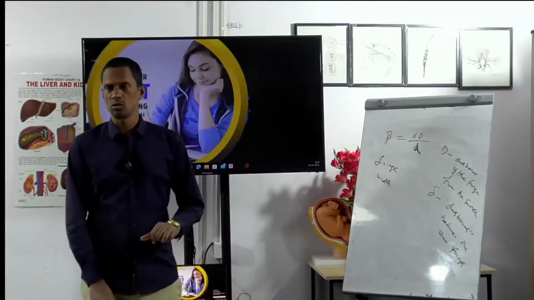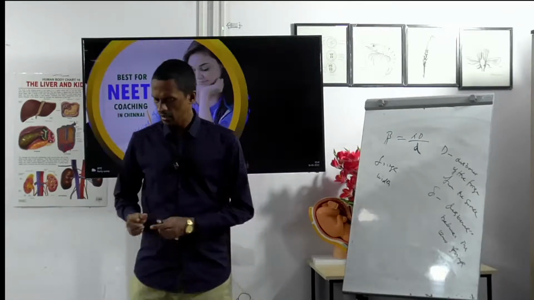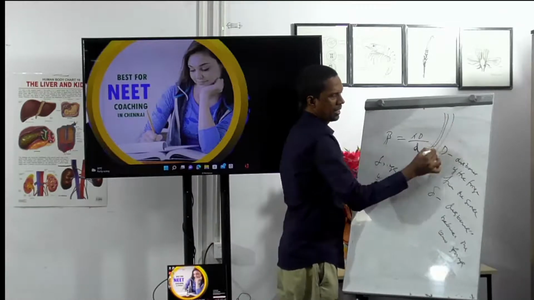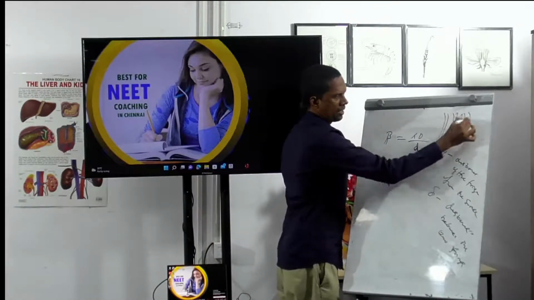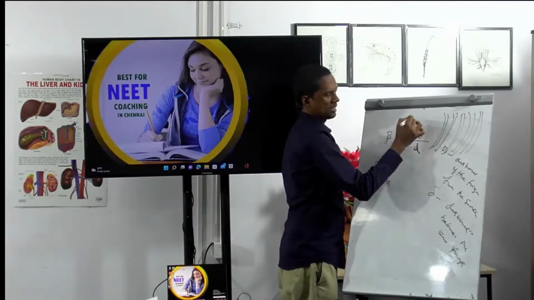S1 S2 is the source of the light. Fringe means that band. This is the center point.